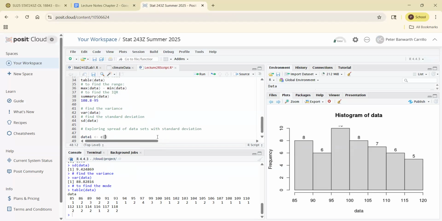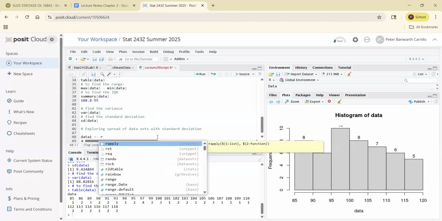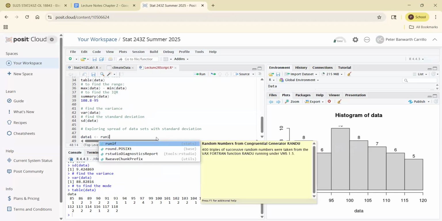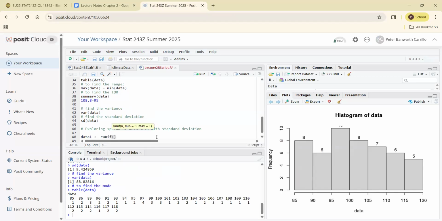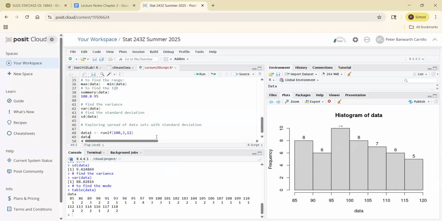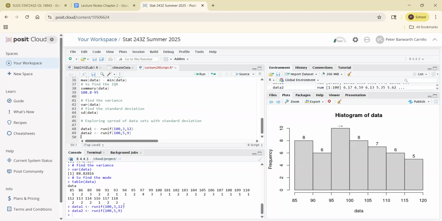I'm going to create two data sets of size 100 each. All right, so let's look at each of these data sets using a histogram.